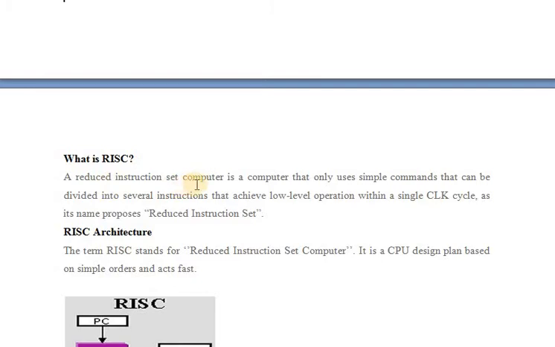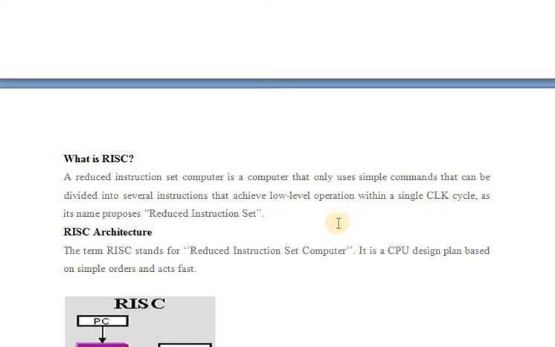A reduced instruction set computer only uses simple commands that can be divided into several instructions that achieve low-level operations within a single clock cycle, as its name proposes. That is the reduced instruction set. Within a single clock cycle, the reduced instruction set computer performs its instruction with the help of a simple command.